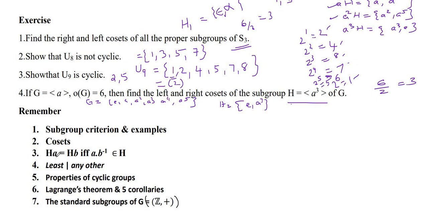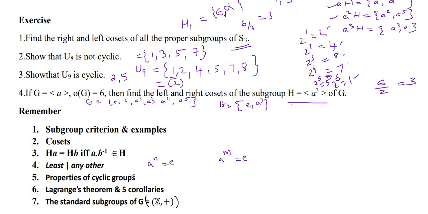And this relation: Ha is equal to Hb if and only if a b inverse belongs to H. And this one, whenever the order of A is n, and m is any other integer for which we have A power m to be E, then n is the least and m is any other. The least must divide any other. So that result. And why these are alone mentioned, they will be used quite often.